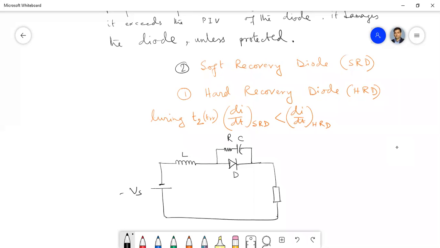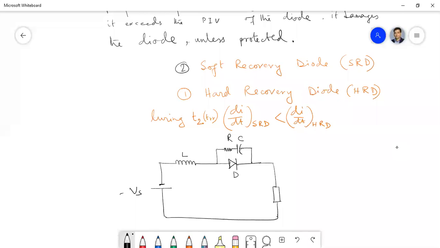So if the voltage is created due to this L di/dt, that will be bypassed through the capacitor. And you will ask me then why the resistance is used. Now, the resistance is used to detune the possibility of LC oscillation.